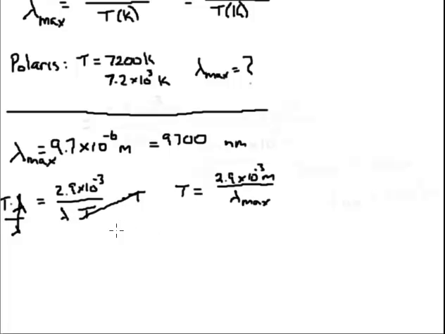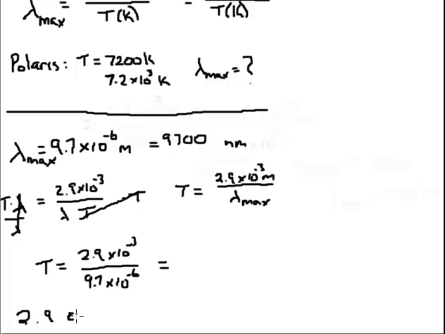Let's find this temperature. So T will equal 2.9 times 10 to the negative 3 divided by 9.7 times 10 to the minus 6. If you want to type this in your calculator, I just want to remind you that to write scientific notation, you would type 2.9, and then look for this double E button.